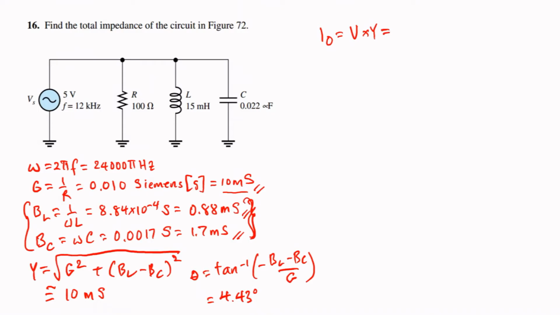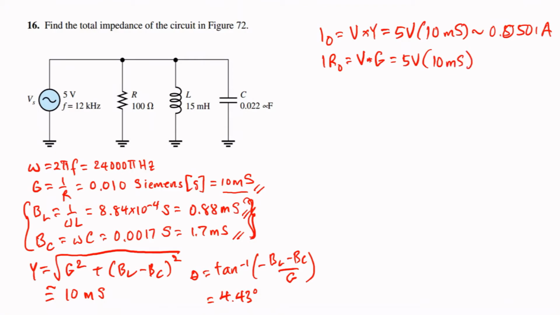This will be equal to 5 volts times 10 millisiemens, which is approximately 0.0501 amperes. For the resistor, this is equal to V times G, 5 volts times 10 millisiemens, which is approximately again 0.0500 amperes. So it's just a very small difference.